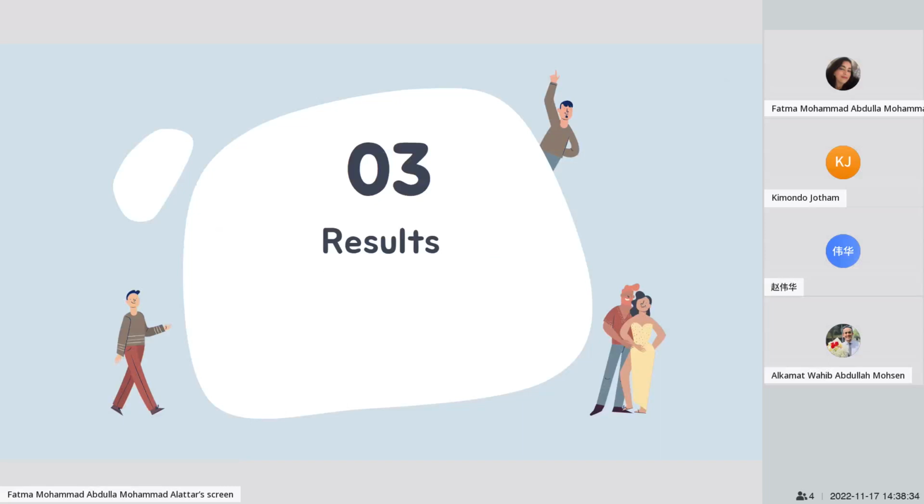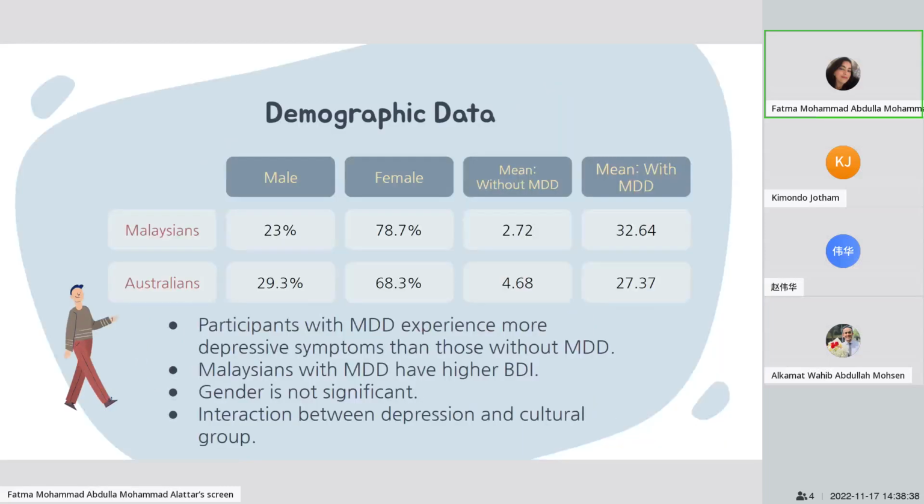So what kind of results did the researchers get from this experiment? Before we get into actual results, we need to have a general demographic data or a general idea about the participants in the experiment. The data consisted of 23% male Malaysian participants and 78.7% female Malaysian participants, all between the ages of 19 and 53 years old.